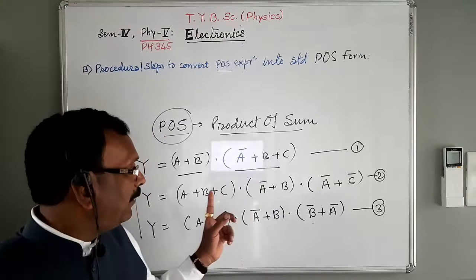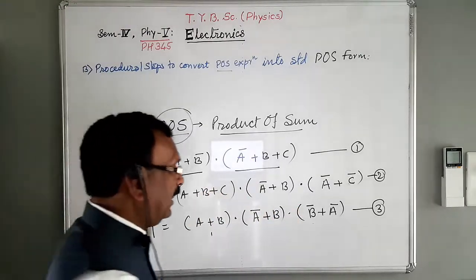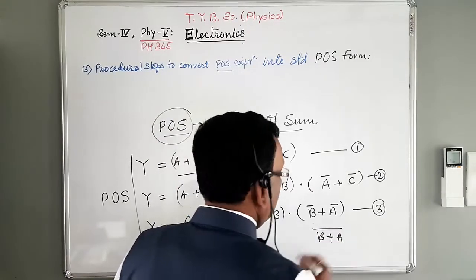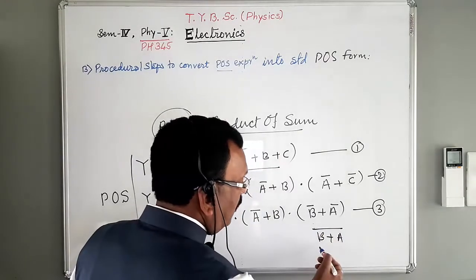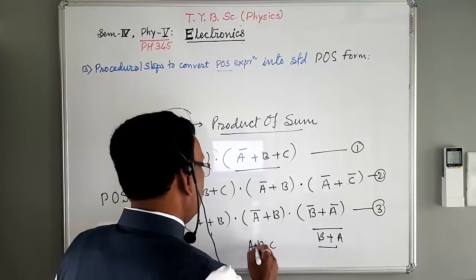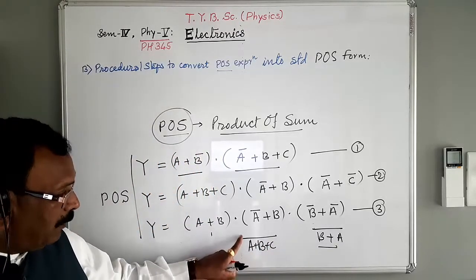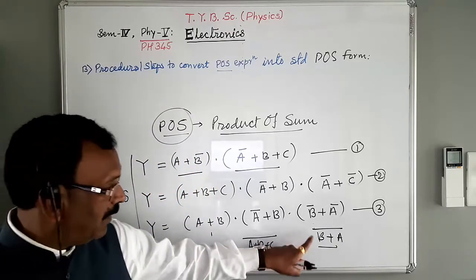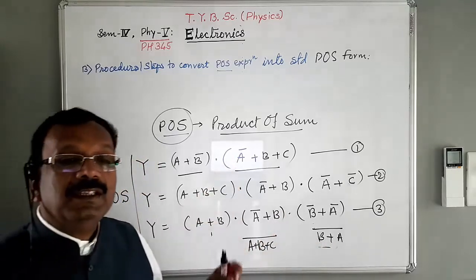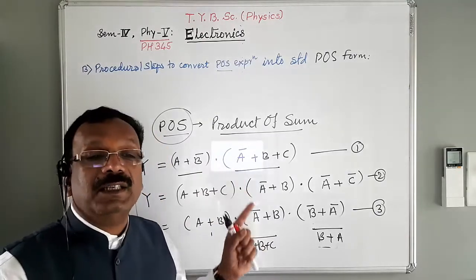A single bar cannot be extended over more than one variable. That is not like B plus A bar, not like this. This is a bar extended over two variables, or A, B, C. When we take it like this, this is a bar extended over three variables. But this is not the case here.